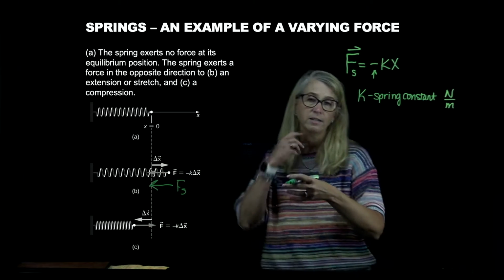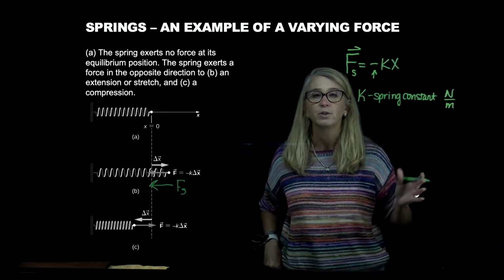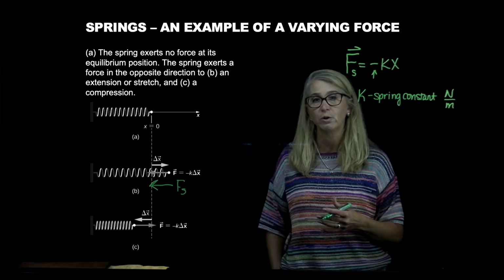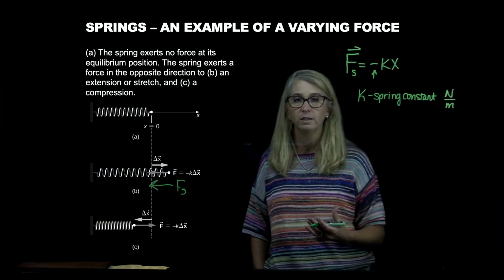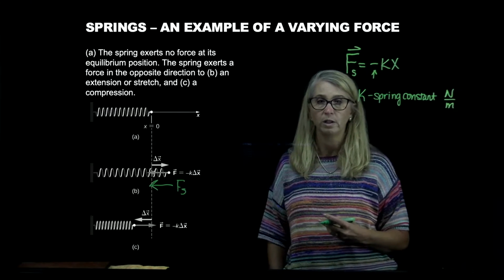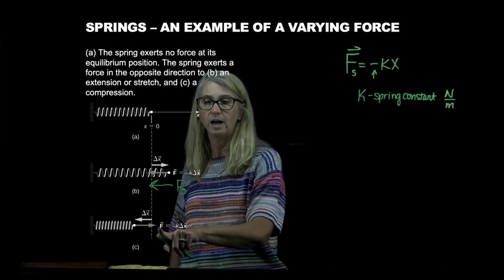So the idea is that something must have been stretching the spring, but the spring wants to get it back to its original x equals 0 location. So the force the spring exerts is in the opposite direction of the displacement, and it's going to be to the left.